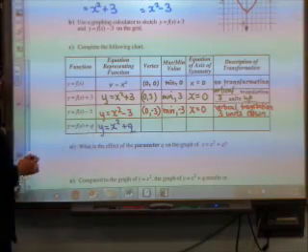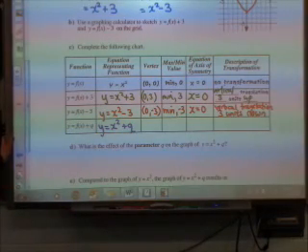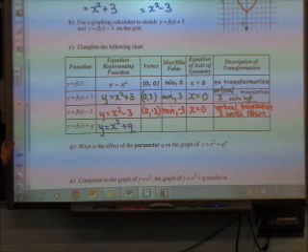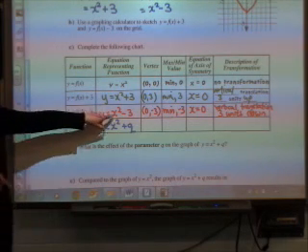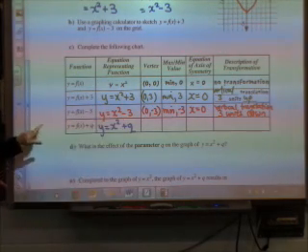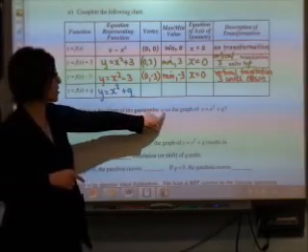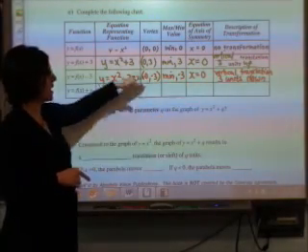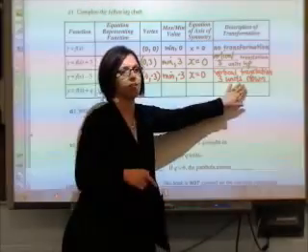What is q doing to the graph? What did the 3 do to the graph? Moved it up. What did the -3 do? Down. So the effect of the parameter q, so we're going to do some of these questions while we fill in this row.